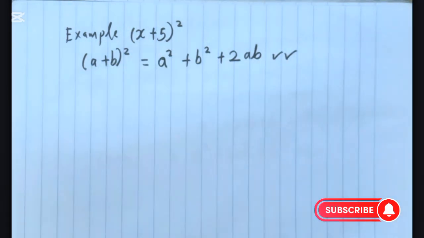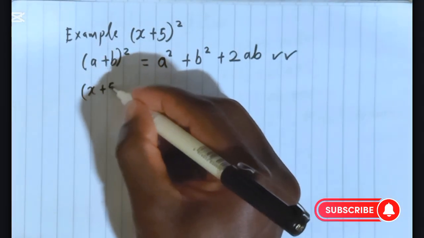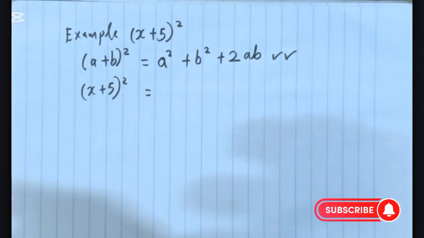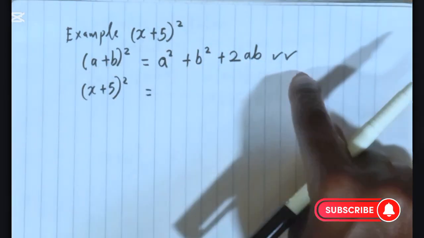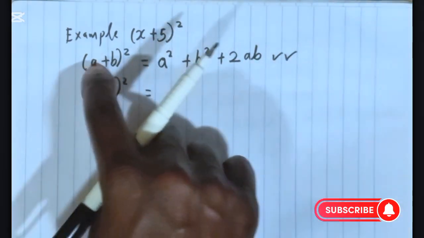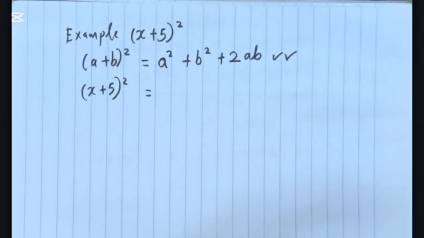So when you look at this example we are having here, that is x plus 5 squared, we can almost tell what the answer will be even without going through the whole process of expansion, just based off this idea that we derived when we expanded a plus b times a plus b in the previous example.